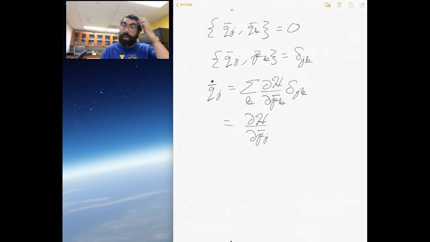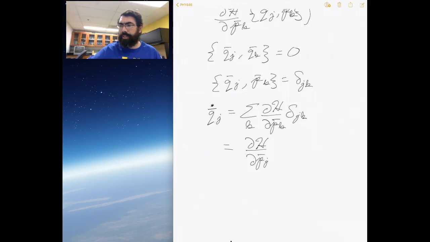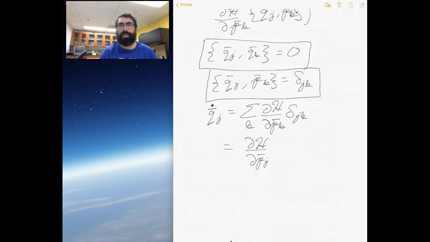And so all of this was possible because I have these identities that the Poisson bracket right here of two positions is 0, and the Poisson bracket for a position and a momentum is the Kronecker delta.